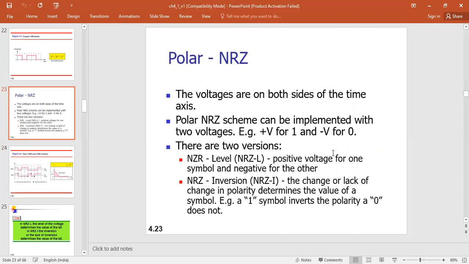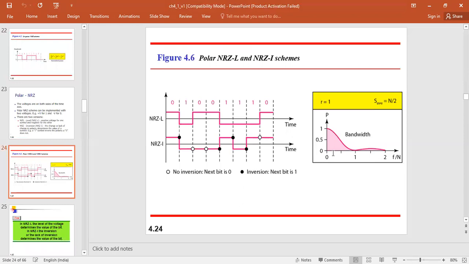So see here, this is positive for 0 and negative for 1. The simple one. Next one is another, the inversion.